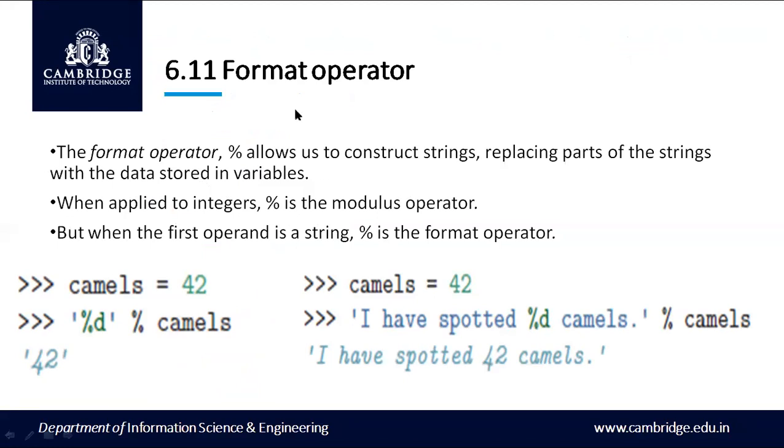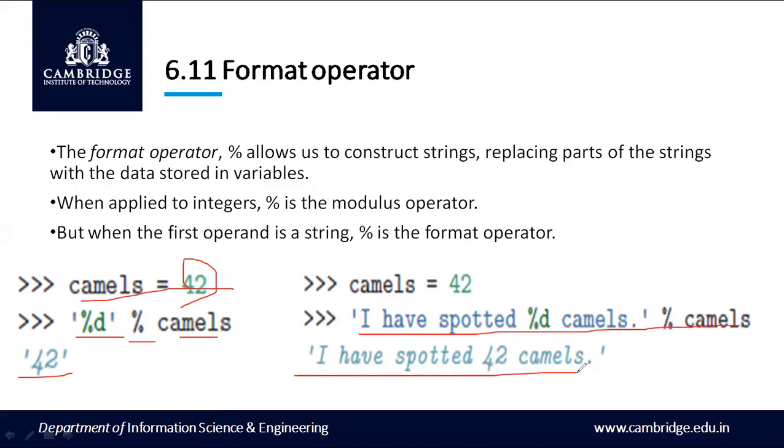Here I have the value 42 assigned to camels. I use percent d with percent camels, and you can see 42 being displayed. Now when I use it in a sentence, I have spotted percent d camels, you can see I have spotted 42 camels. This is how the format operator is used.